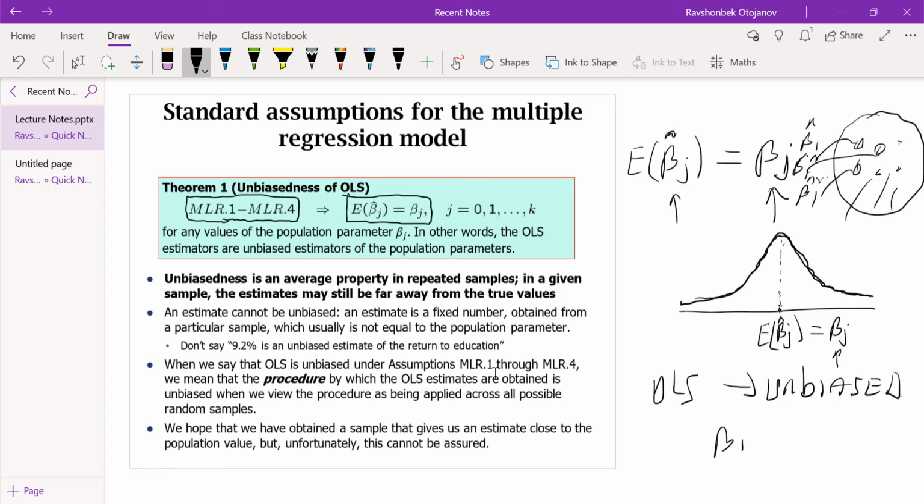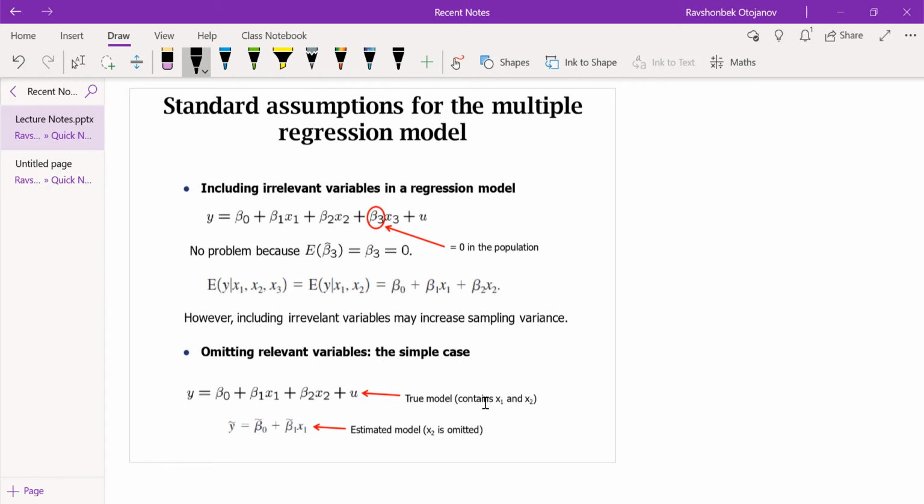So if we get an estimate of beta 1, we cannot say unbiased estimate, but we can say unbiased estimator, which means the OLS procedure that we applied across all possible random samples is unbiased.